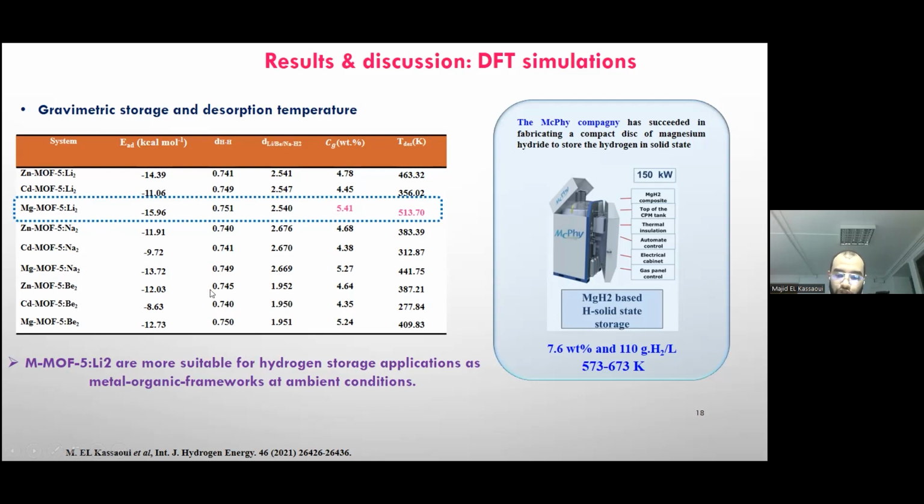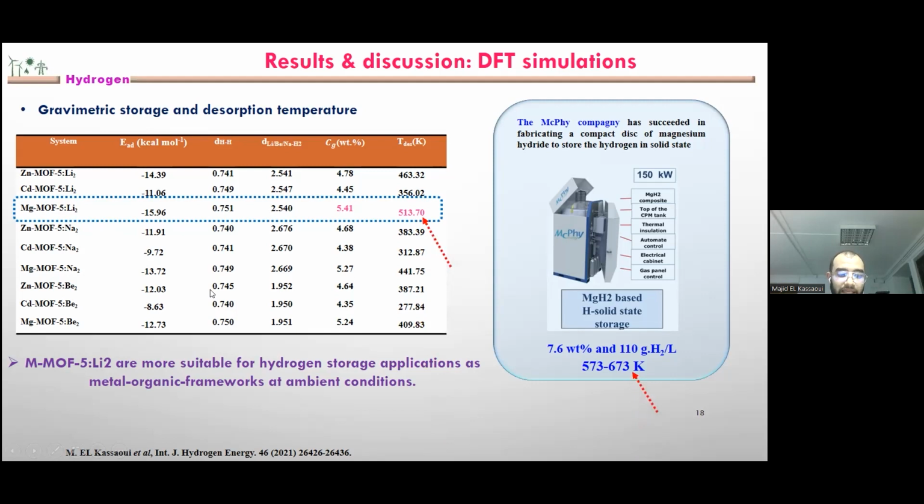Also, the obtained temperature is very close to the desorption temperature range of magnesium hydride MgH2, which figures among the most attractive materials for hydrogen storage.